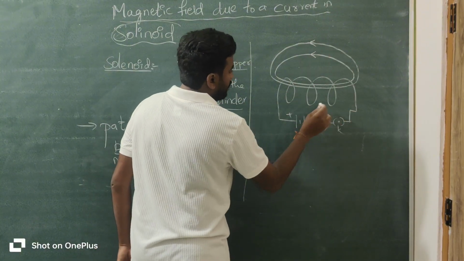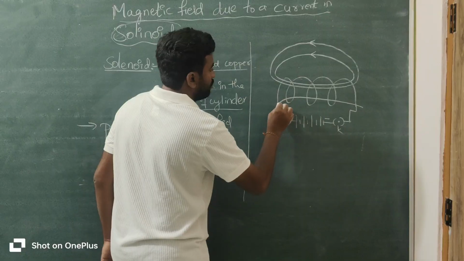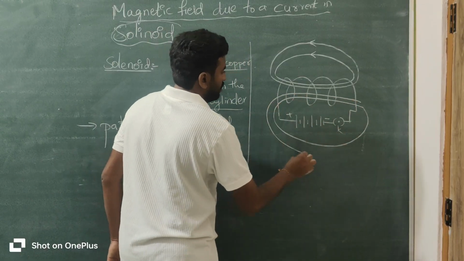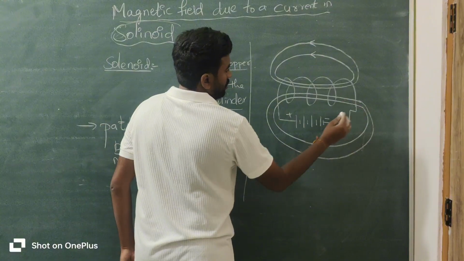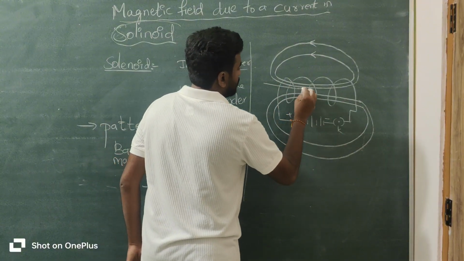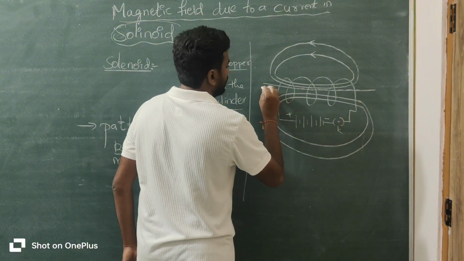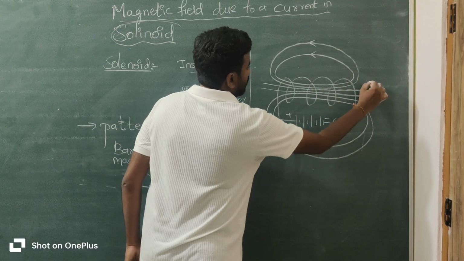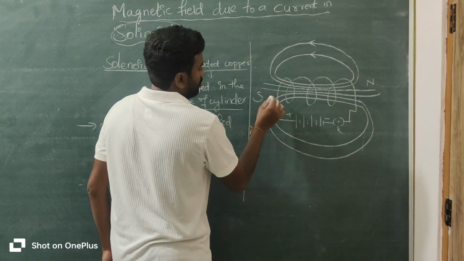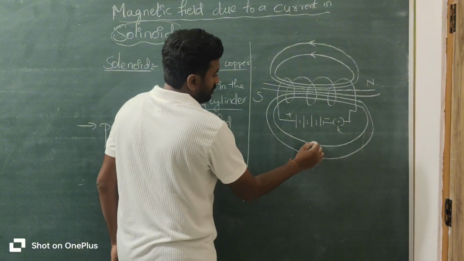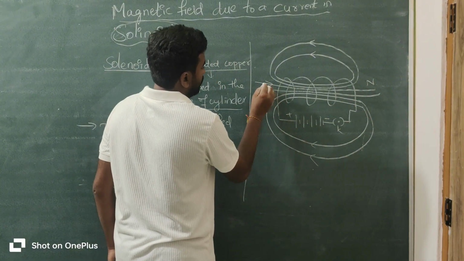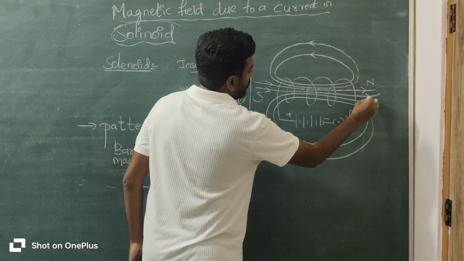Here also at the extreme end, this is also one more concentric circle. They do not intersect, and these are the straight lines at the center. The magnetic field direction is north to south outside, and inside it is towards south.